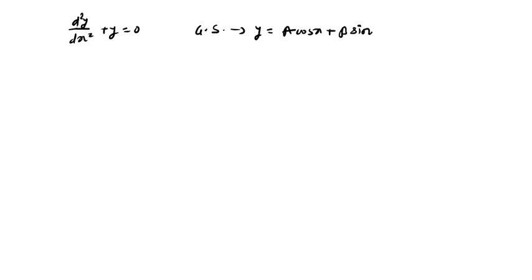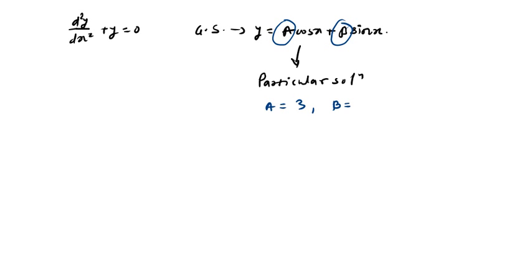The general solution becomes a particular solution when you assign particular values to the arbitrary constants. What are the arbitrary constants? This a and b. For example, suppose I take a equal to 3 and b equal to -2. So I assigned particular values to the constants.